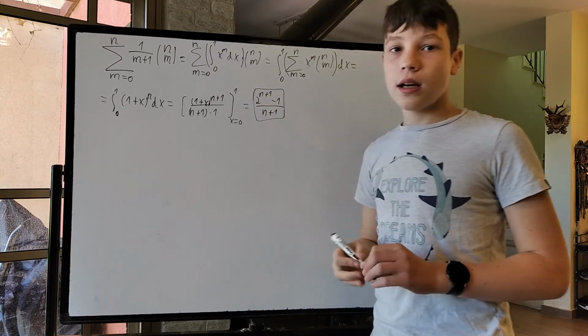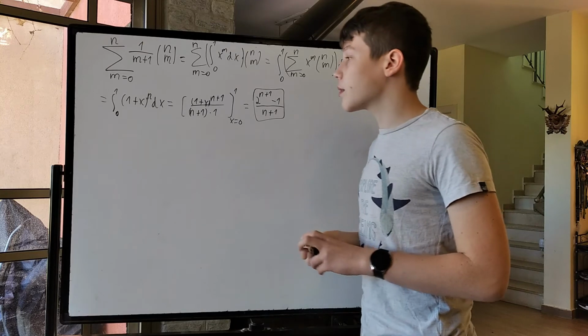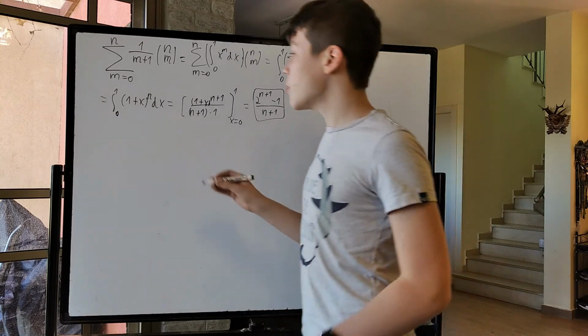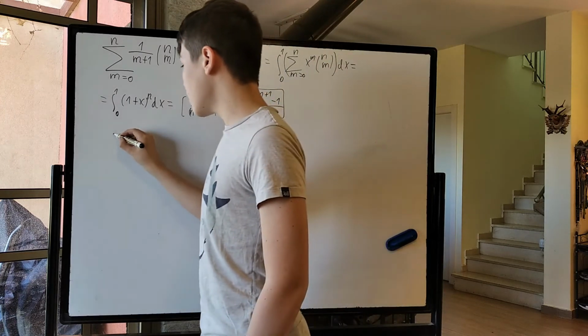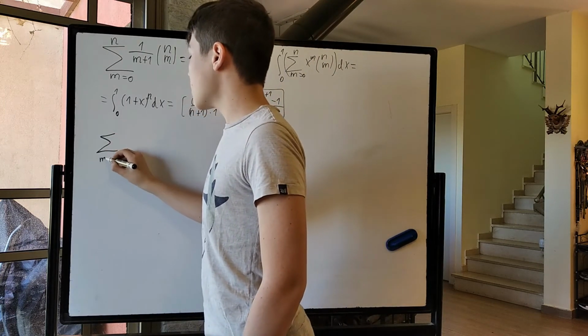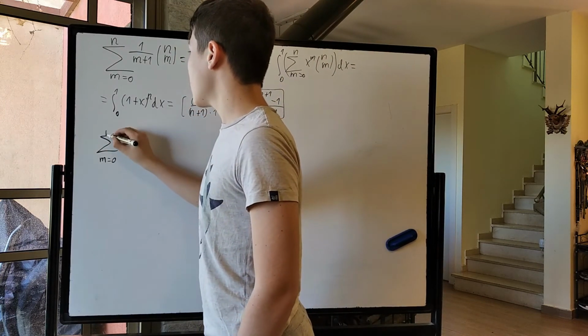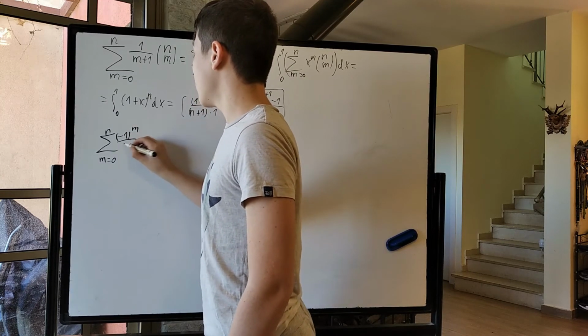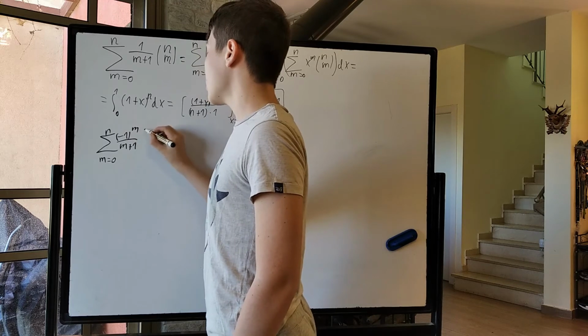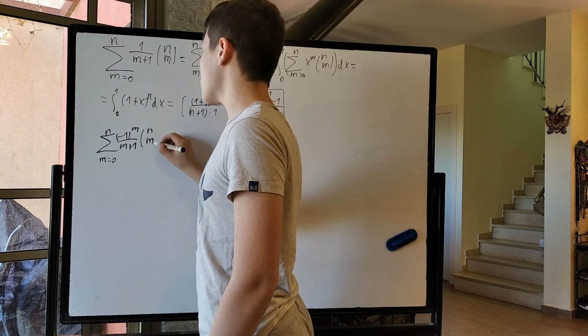And as a problem for you at home, use a similar trick to find the sum as m goes from 0 to n of negative 1 to the m over m plus 1 times n choose m.